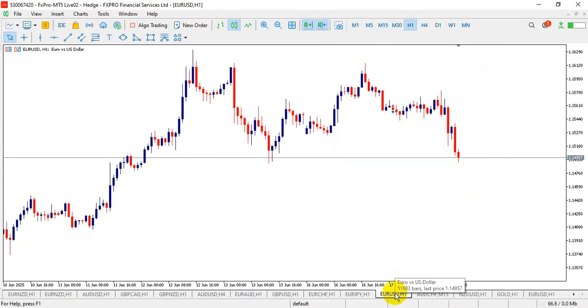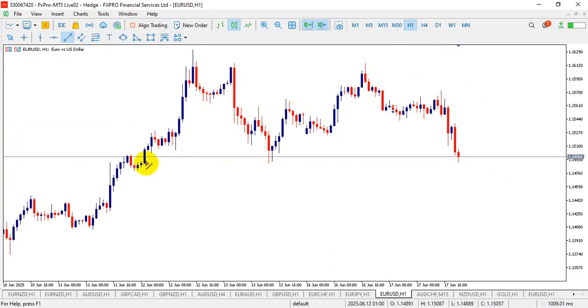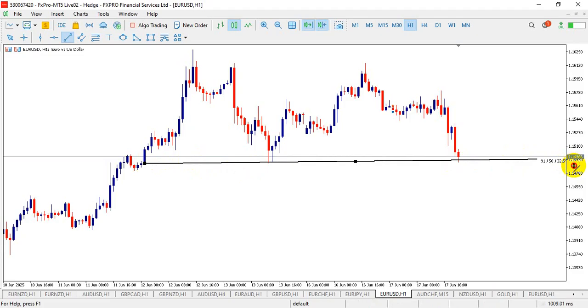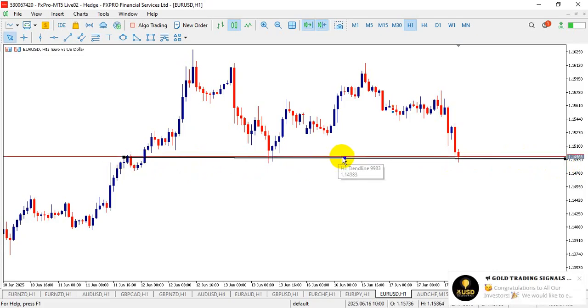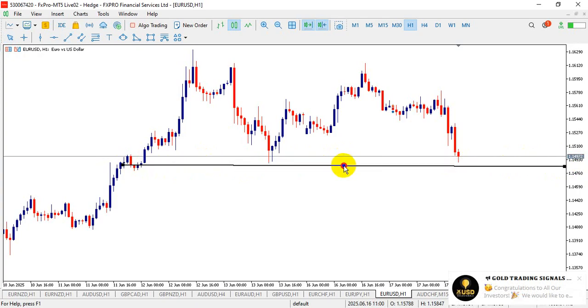Then on Euro USD, Euro USD is benefiting from the downtrend. Now on Euro USD, please notice what you're seeing happening currently is price is playing at the liquidity zone.